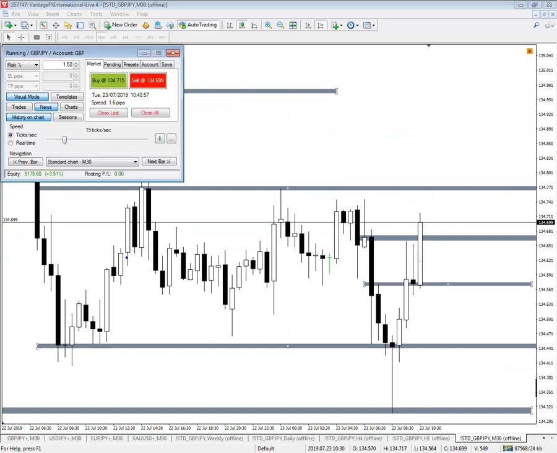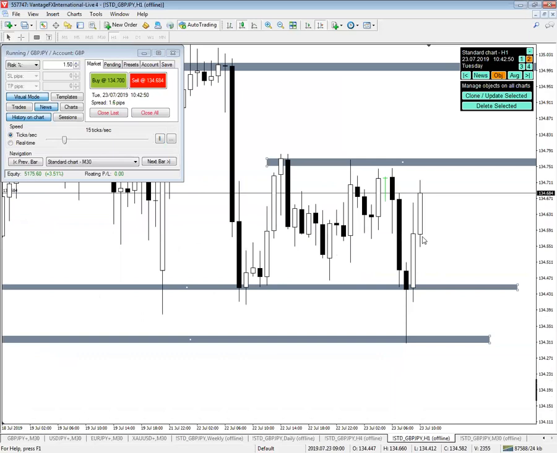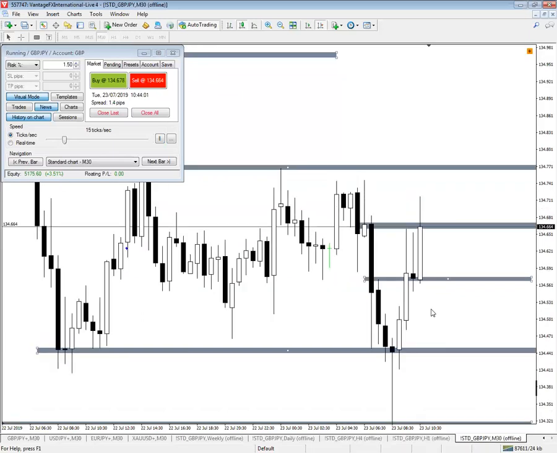So it's starting to break up over here. So yeah, it looks like this clean move down is getting corrected. So we do see this happen quite a lot.